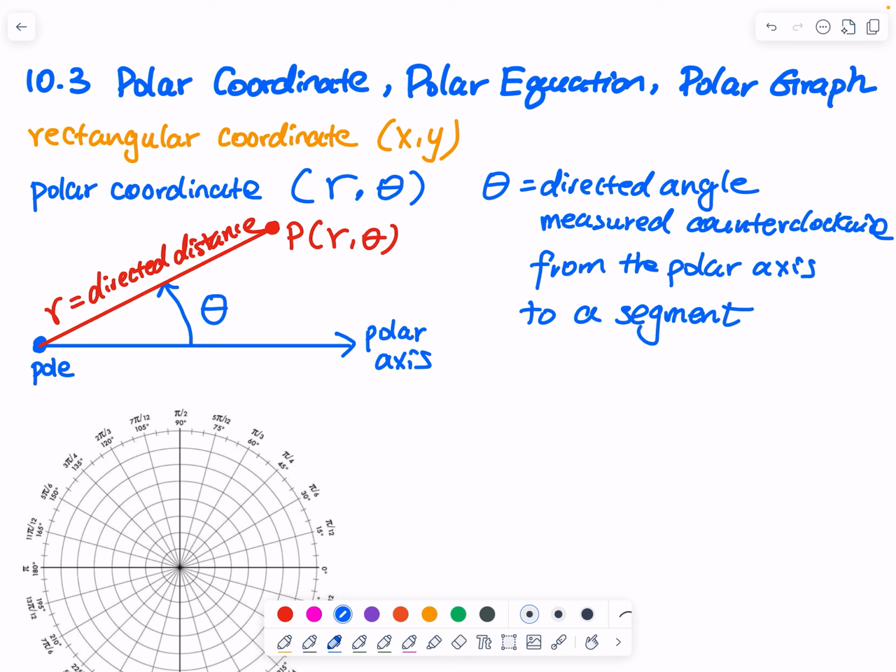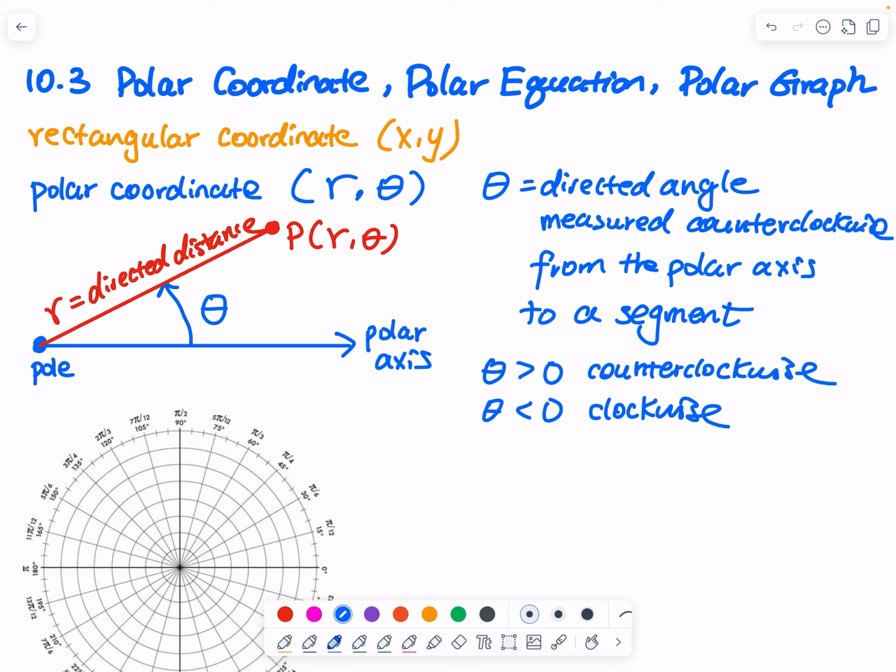So what that means is when theta is positive, we rotate counterclockwise, just like how you find the angles using your unit circle. And when theta is less than 0, the angle rotates clockwise.